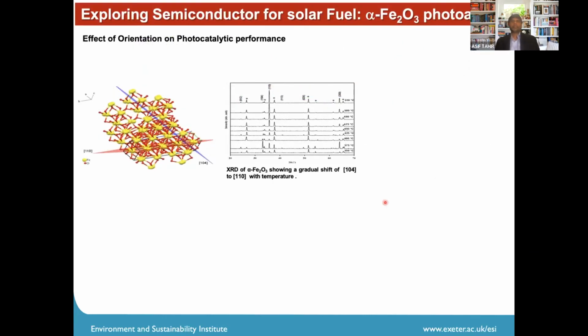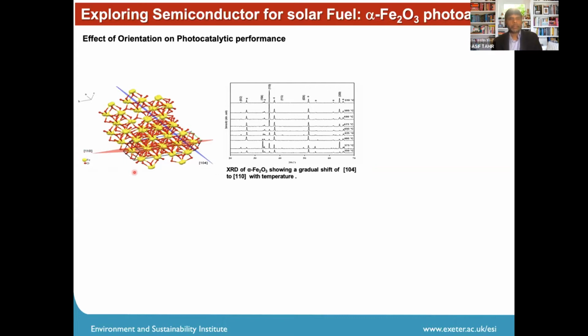And then simple oxides. So we also looked at iron oxide. Iron oxide is another well-known material, and we looked at the effect of orientation on the photocatalytic performance. So iron oxide can be deposited in the form of 104 oriented films or 110 oriented films.